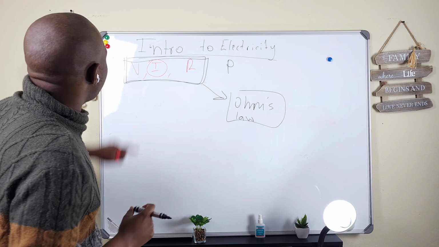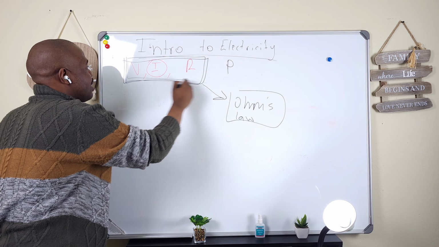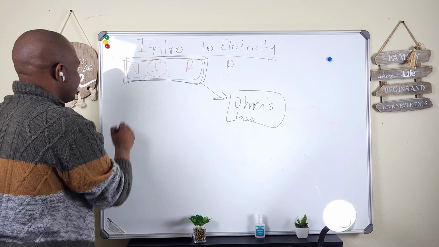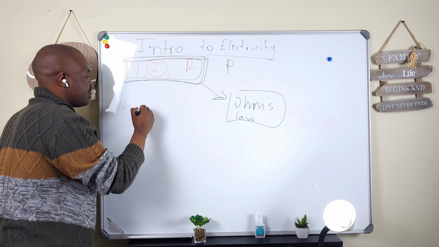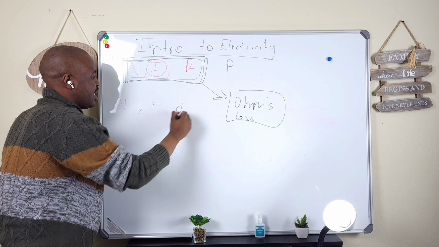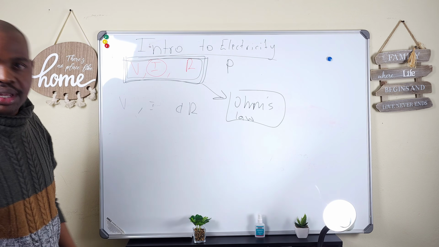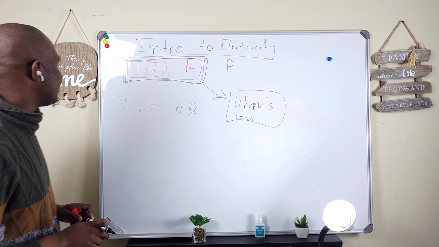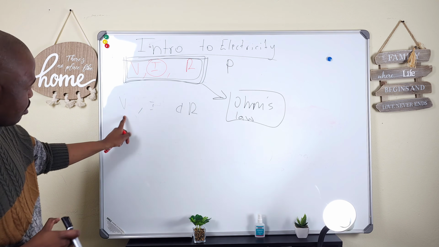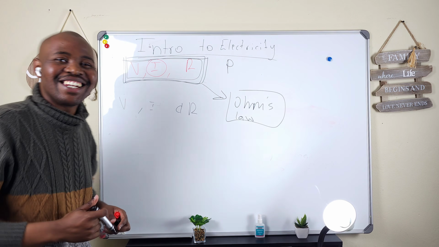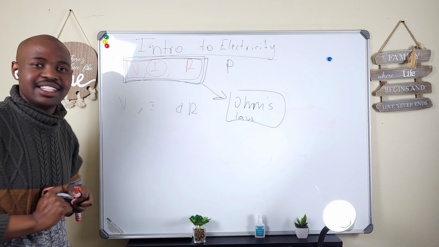Okay, Ohm's law, guys, describes the relationship between voltage, current, and what? Resistance. It describes the relationship between voltage, current, and resistance in a circuit.